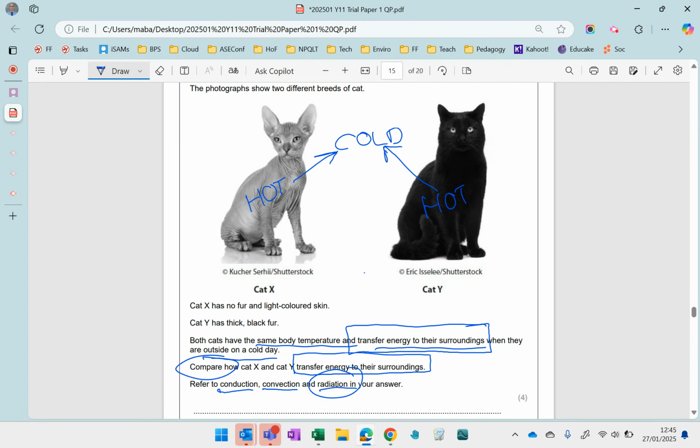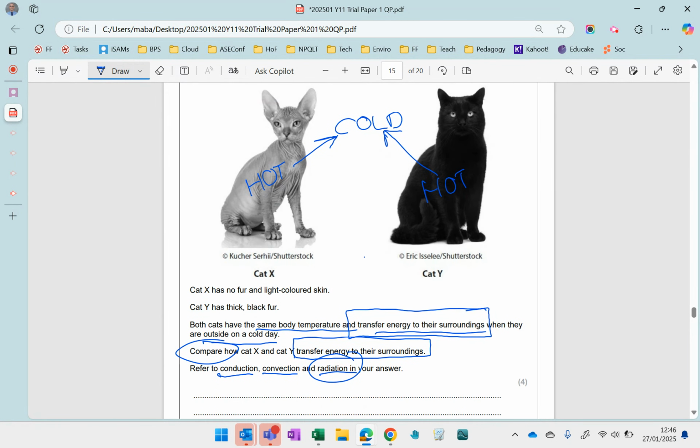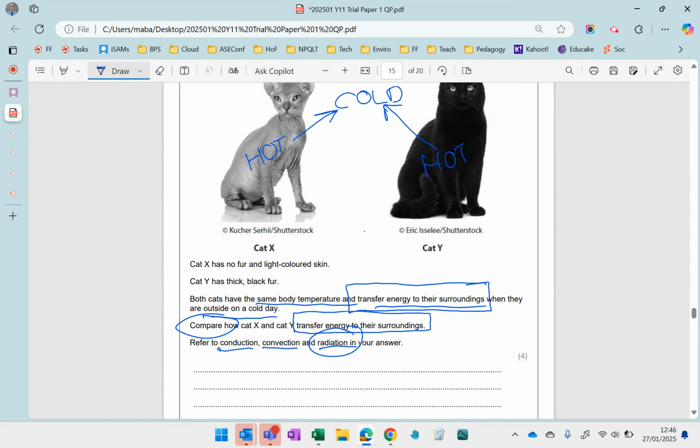So if you're talking about the flow of heat from the cat to the surroundings, that's what you need to be talking about. Black is, yes, a poor reflector. Yes, it's a good absorber, but none of that is important for this question. The important thing is that black is a good radiator.